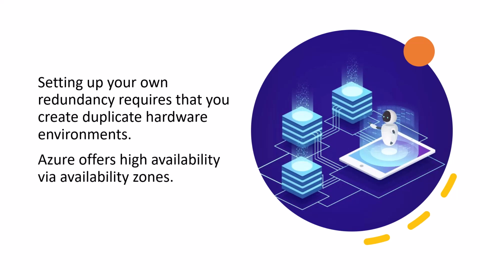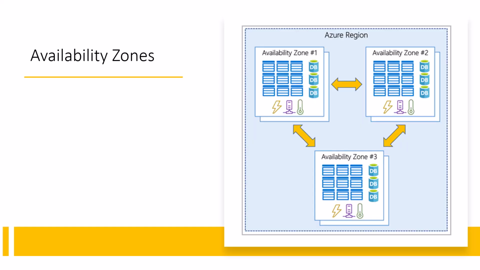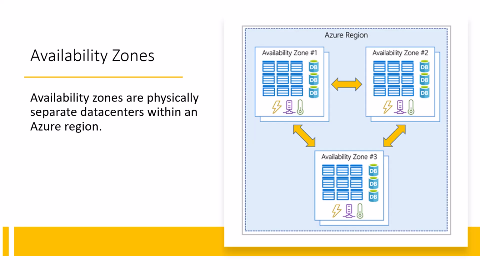However, when hosting in Azure, Azure can actually help you make your apps highly available through the use of what are called availability zones. Now, availability zones are really, in their essence, physically separate data centers within an Azure region.